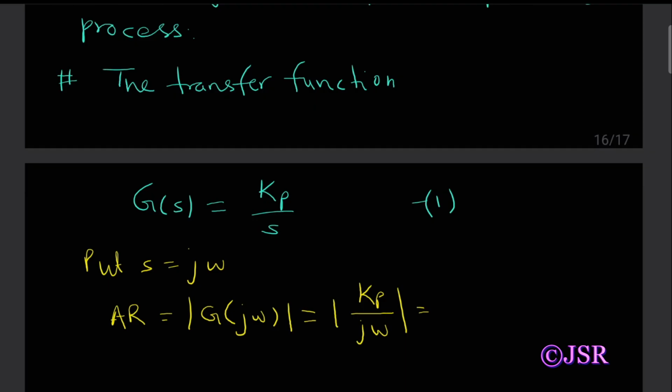So the mod of this can be written as the mod of Kp times the complex conjugate of J omega, that is minus J omega, over the mod of J omega square. This will be omega square.